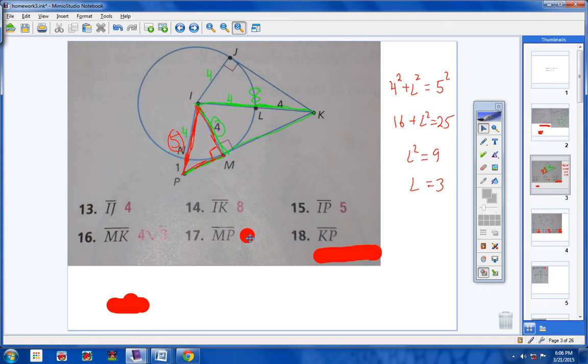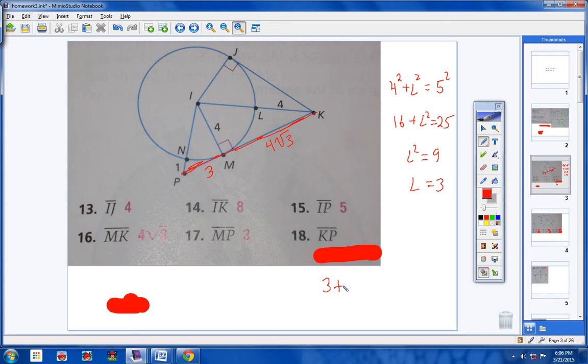And then lastly, KP. Now, KP is this entire line right here. I'm going to erase everything. KP is this entire line right here, from K all the way down to P. Alright? Now, we just found MP right here. That's 3. And we just found MK right here. It's 4 square root of 3. So to find the whole length, we add these two together. So we have 3 plus 4 square root of 3.